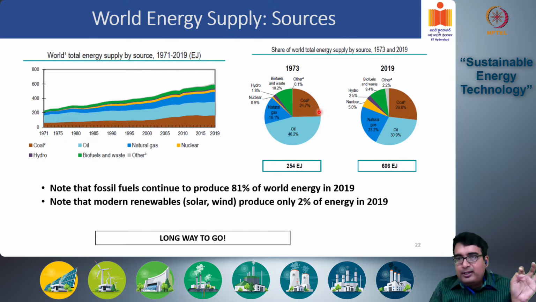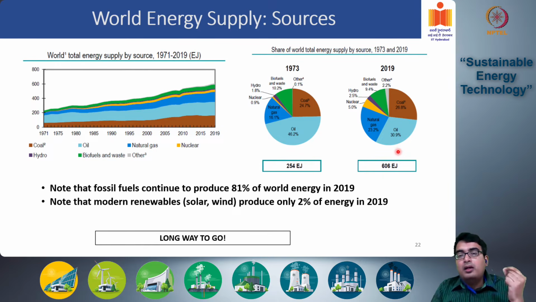In 1971, so these are the pie charts, 24.7% of the total energy produced came from coal, when the total amount of energy being produced was 254 exajoules. Today, when the amount of energy produced is 606 exajoules, the amount of energy coming from coal is 26.8%. It has actually increased by 2%.